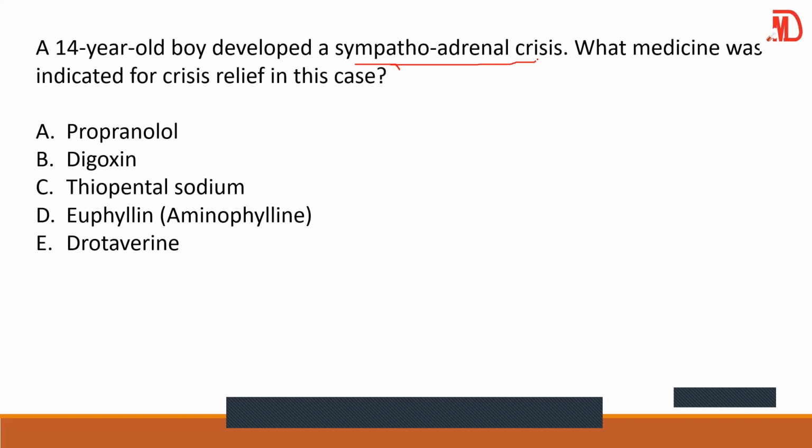And that's why you're going to go in for propranolol. Propranolol inhibits the sympathetic nervous system by blocking the beta receptors on the nerves of the sympathetic system. So again, over here, your answer is propranolol. So your answer is A.